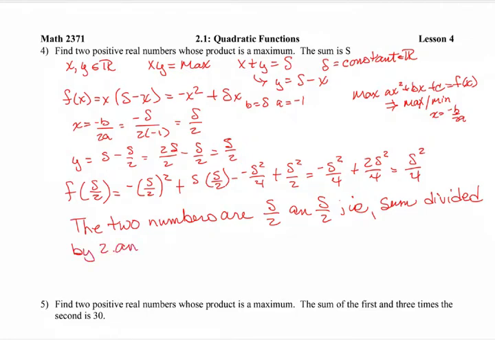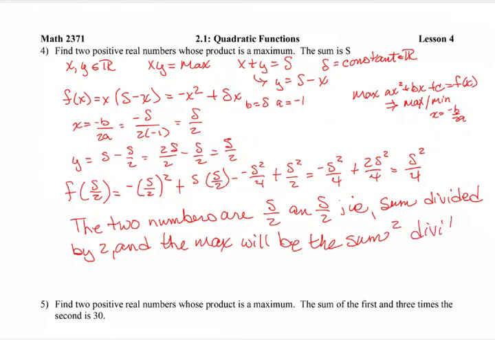And the max will be the sum squared divided by 4. All right?